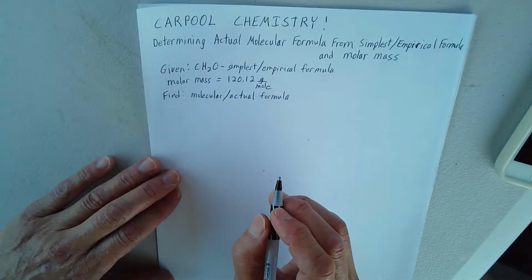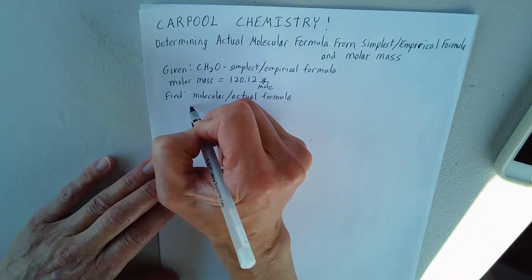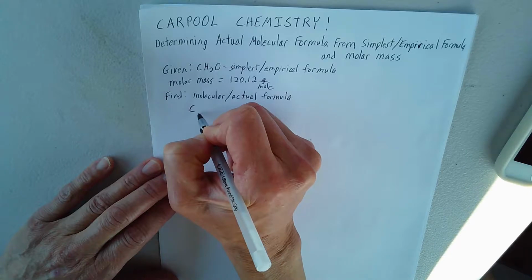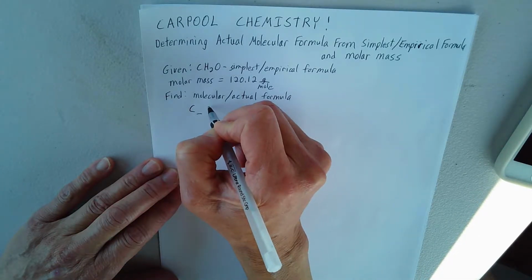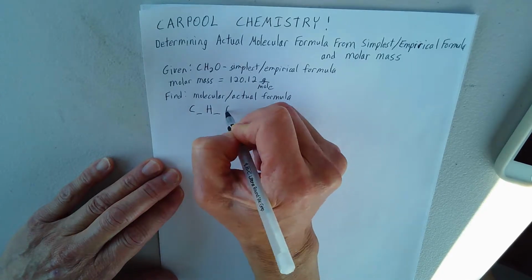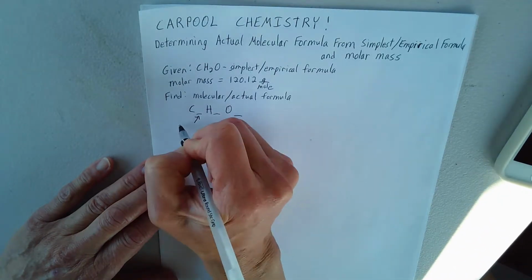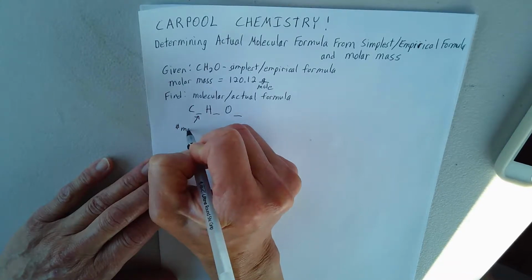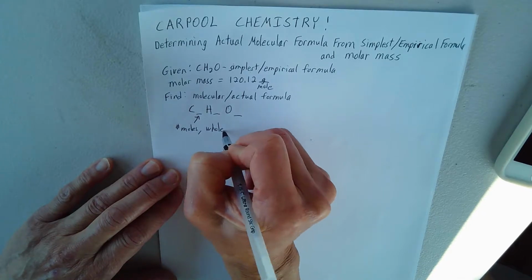To start off, let's write down what we really need to find. We're looking for some formula, and let's write down a skeleton structure: some formula C something, H something, O something. We need to fill in those blanks with the number of moles. They need to be whole numbers.